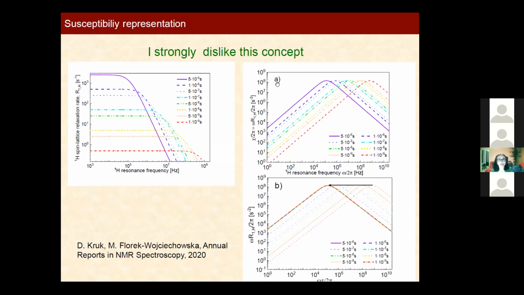However, before that, one must become more familiar with the so-called susceptibility representation of relaxation data. And I couldn't stop myself from saying here that I strongly dislike this concept. Why? There are two reasons for that. One is not very rational. However, it's like that.